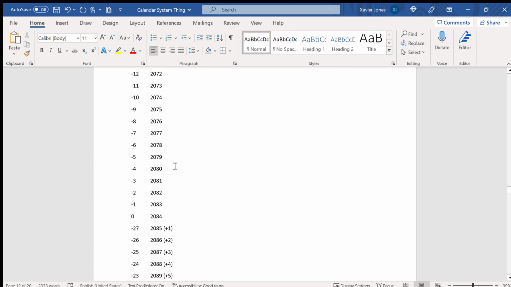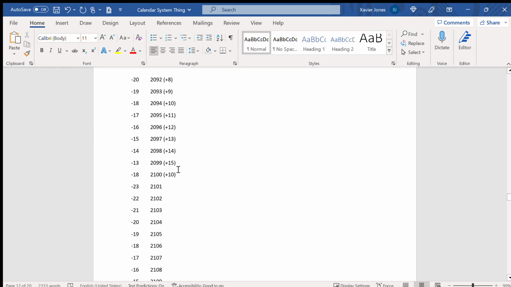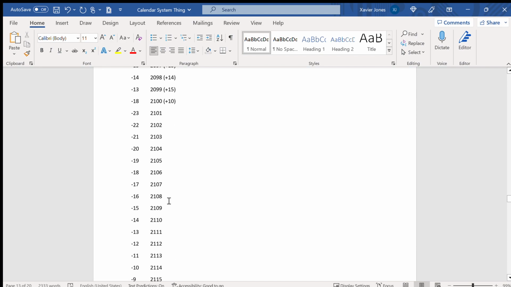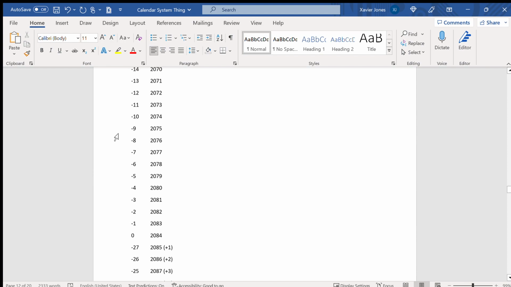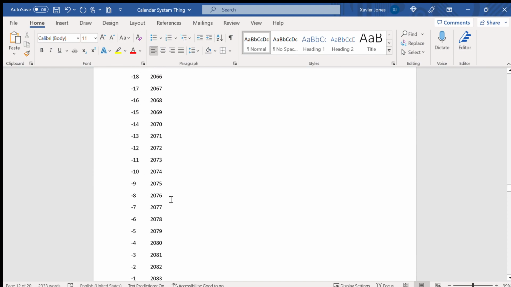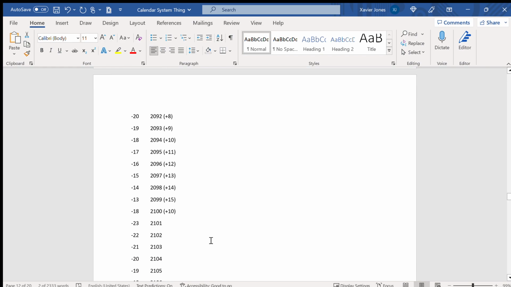2072 minus 12. You don't get to minus 12 in this specific century group because it breaks off. And then I don't think it depends on the century group. Never mind, I lied. And whenever you do get to minus 12 again, that's going to be 40 years in the future. 2072. So minus 8, 2076. 40 years in the future should be 2106.